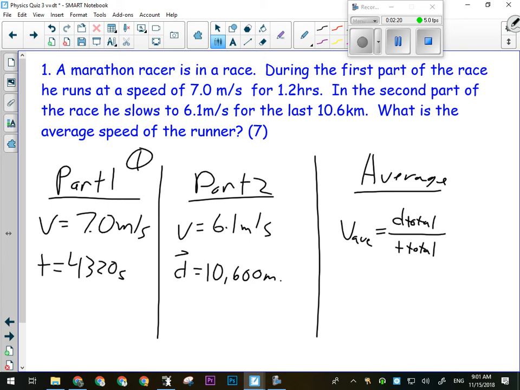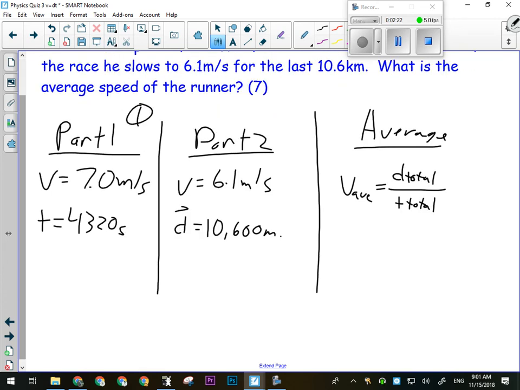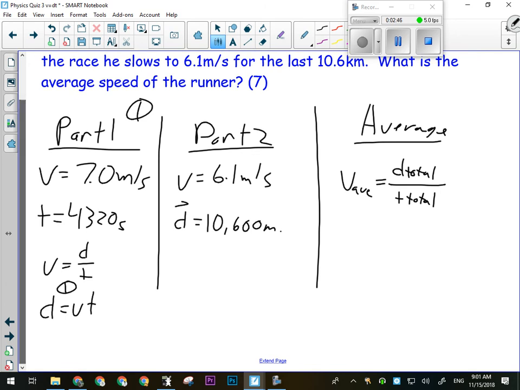All right, so let's give them a mark for givens for right now. We're going to have to manipulate to find the distance in part one. So V equals D over T. So I'm manipulating for D. I'm going to multiply both sides by T. Okay, so D equals V times T. Okay, so give them a mark if they did that manipulation there.